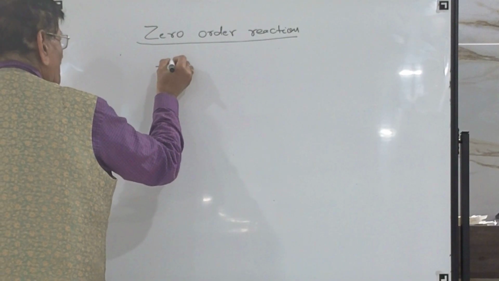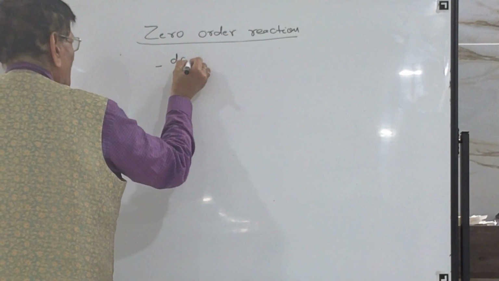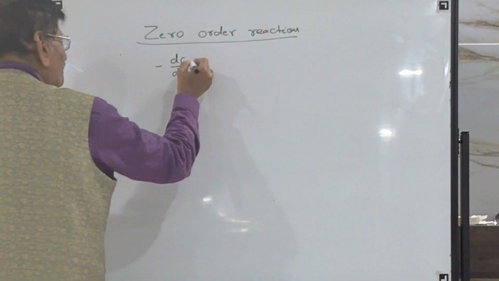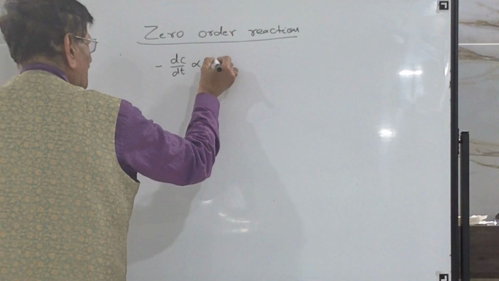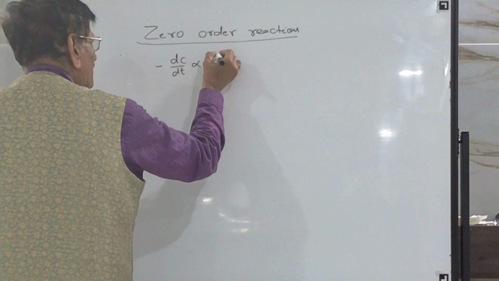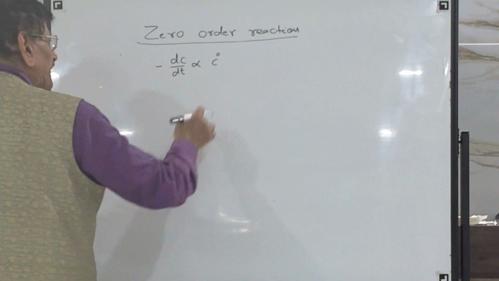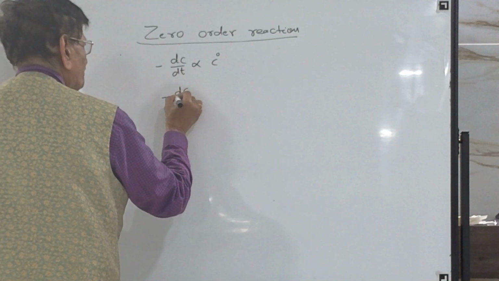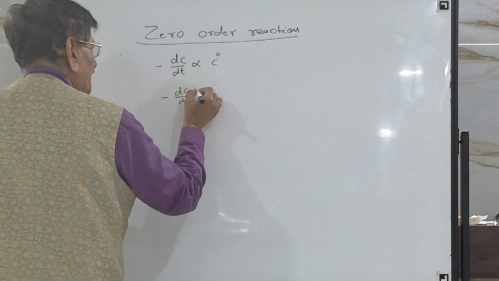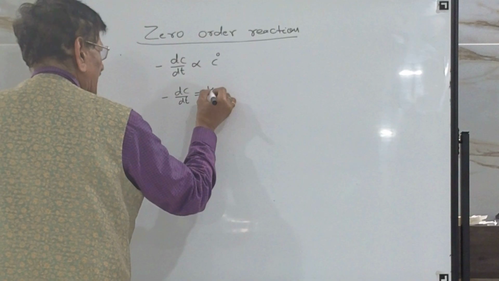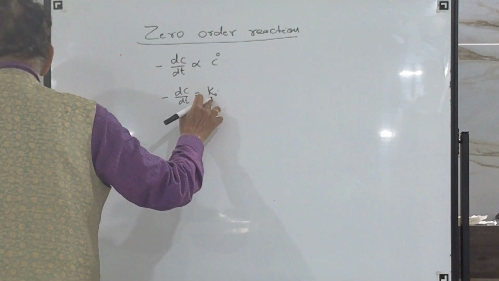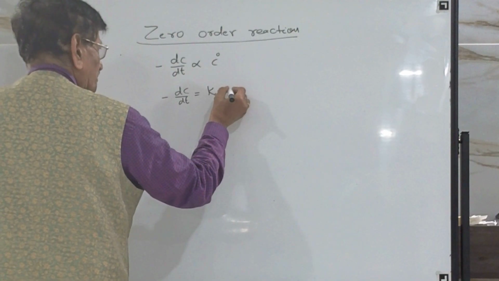Suppose minus dC by dt is the rate of reaction. This is proportional to the concentration of reactant to the power zero, so minus dC by dt equals a constant k naught, the rate constant of the zero order reaction, into C naught.